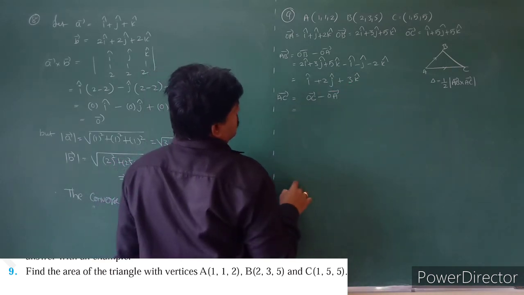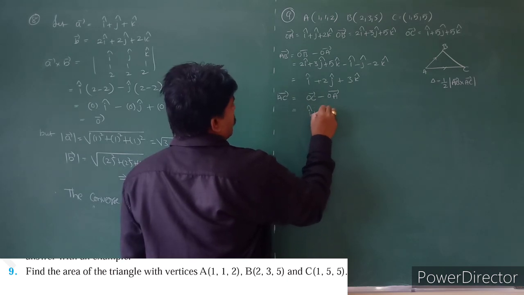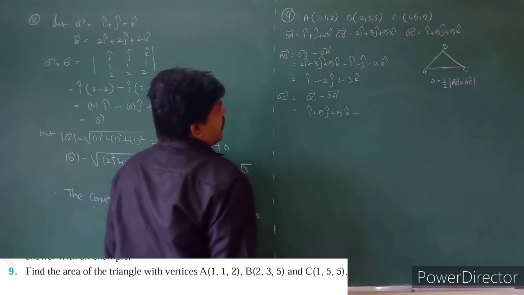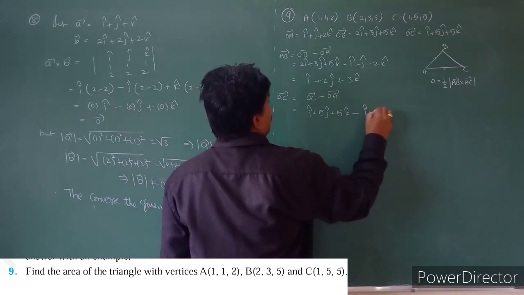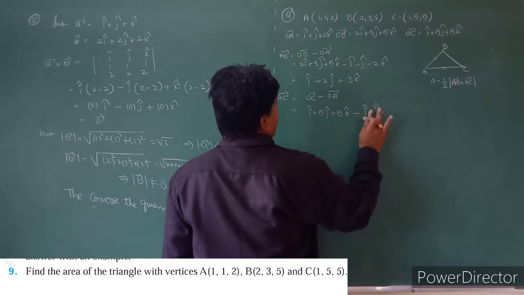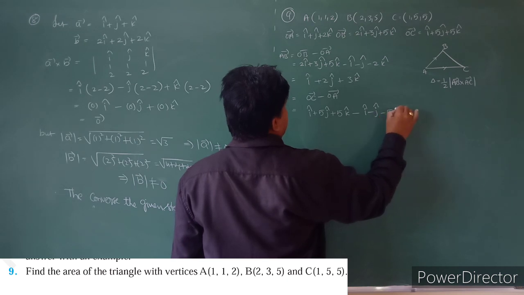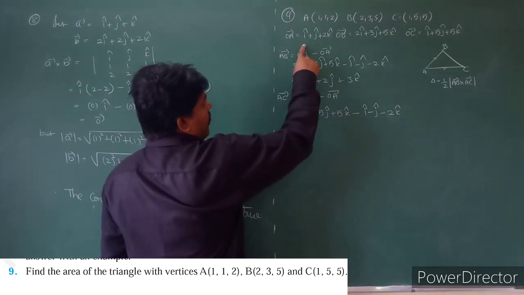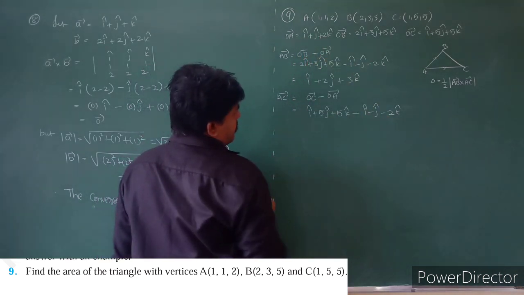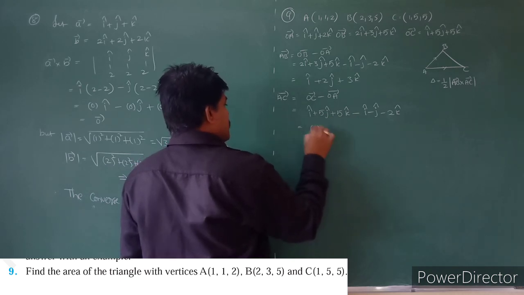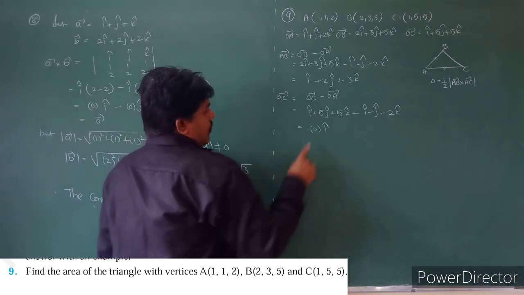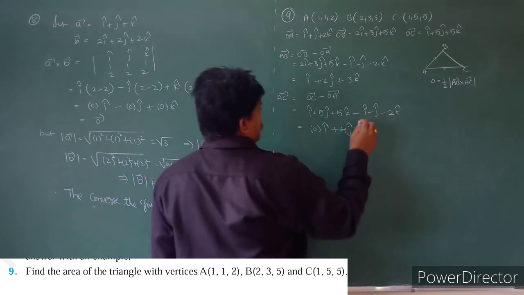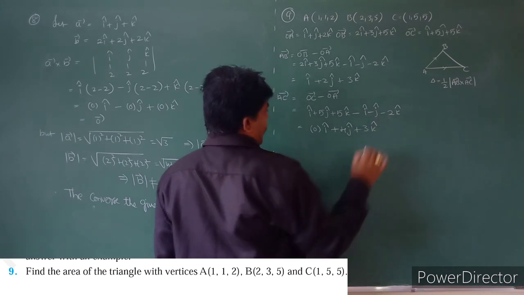The OC bar vector is I plus 5J plus 5K minus OA bar, where OA bar is I plus J plus 2K. So I minus I cancels and becomes 0I, 5J minus J is 4J, and 5K minus 2K is plus 3K.